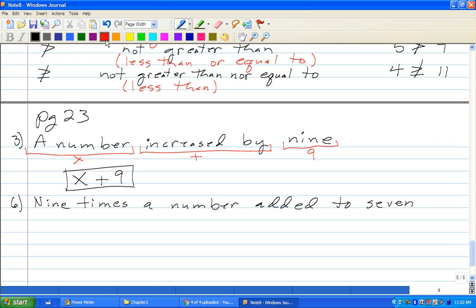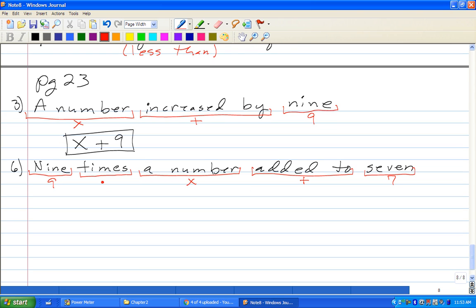So 9 times a number x added to plus 7. Okay, so let's write this down.